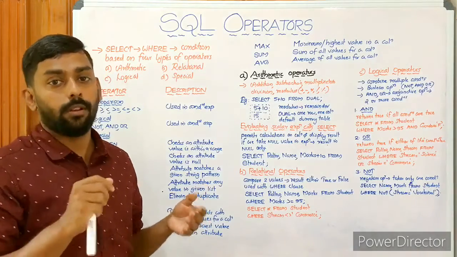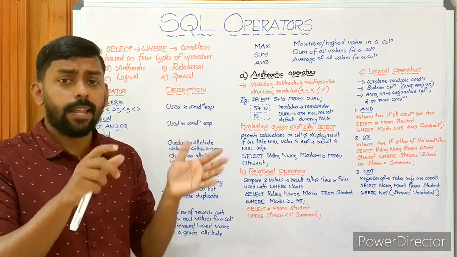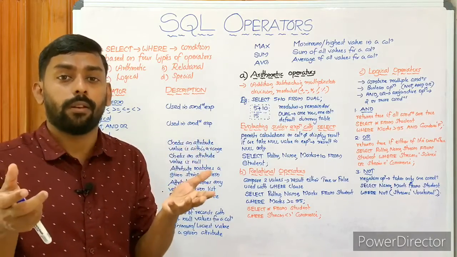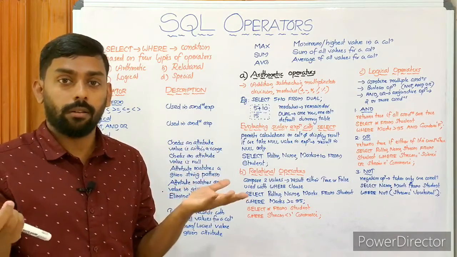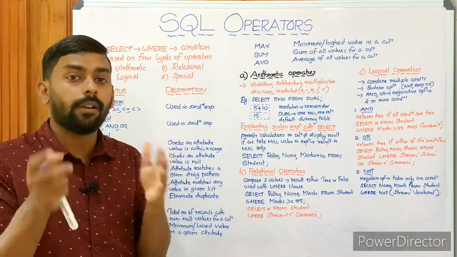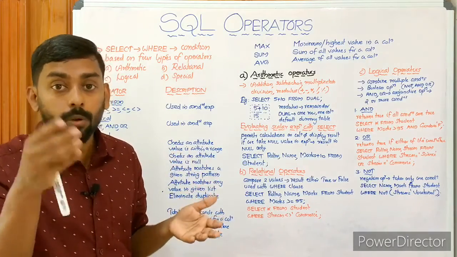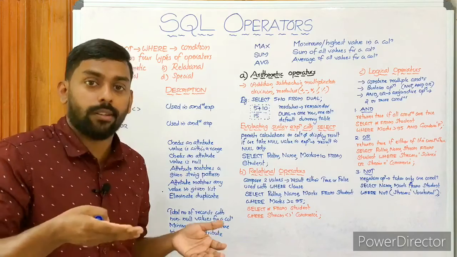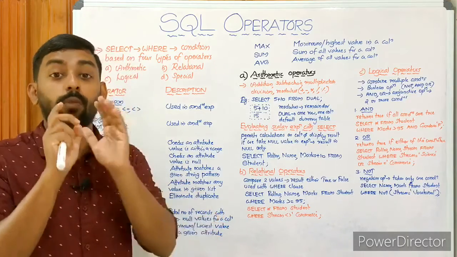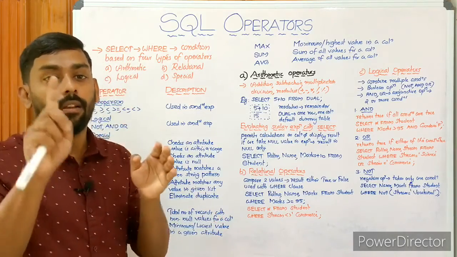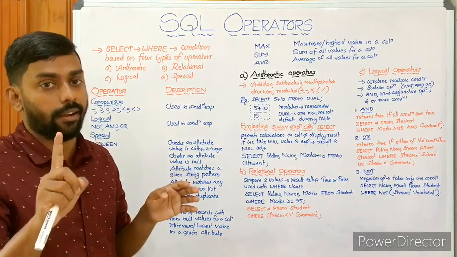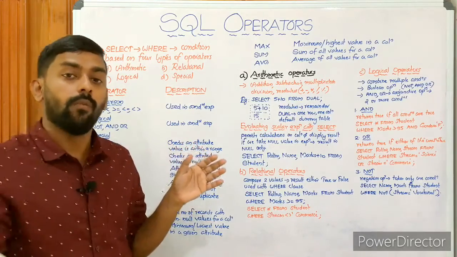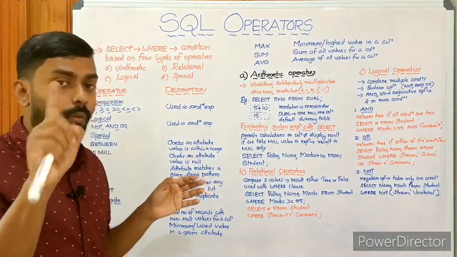For example, select max of marks from student, what will be the result? 100, if 100 is the highest mark. It goes through all 30 rows and returns only one value, that is 100. That's the specialty of a group function: working on a group and returning only one value.